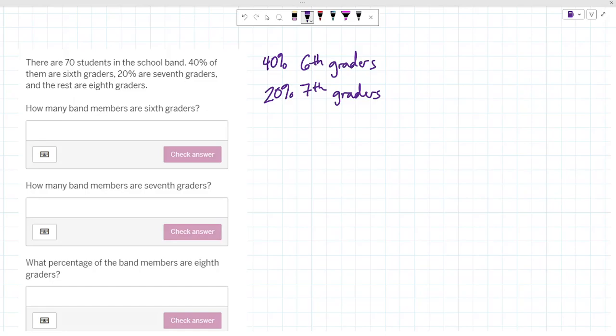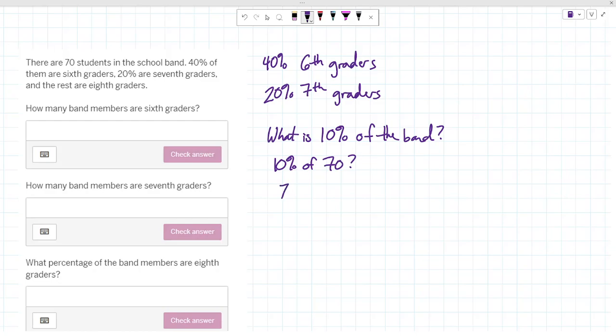So let's find out what is 10% of the band. So what's 10% of 70, since there's 70 students in the band? Well, 10% is like 1/10.